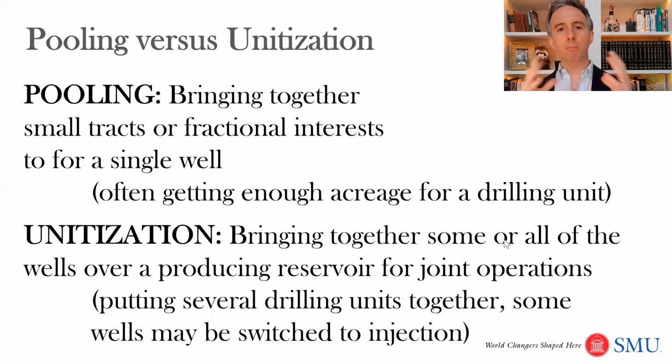So today we're talking about pooling, which isn't that whole reservoir-wide coordination. It's just, hey, if a drilling unit is 80 acres, how do we get a bunch of small tracts together so we've got 80 acres to pool to drill a single well?